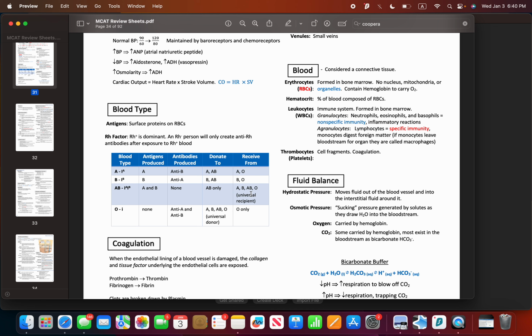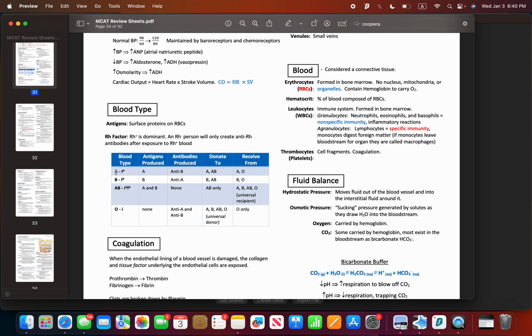They can receive from AB, A and B, O. However, they can only donate to AB only, because other blood types have the antibodies that will be against the antigens of the AB people, right?